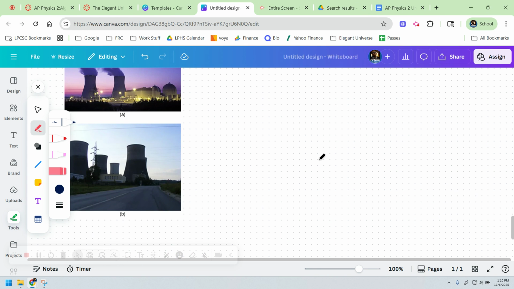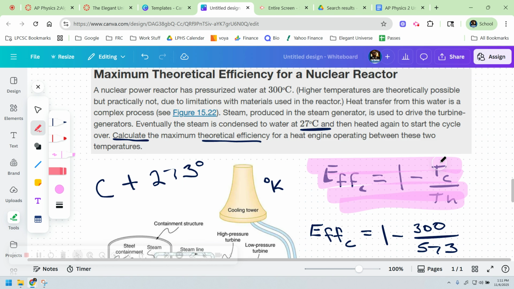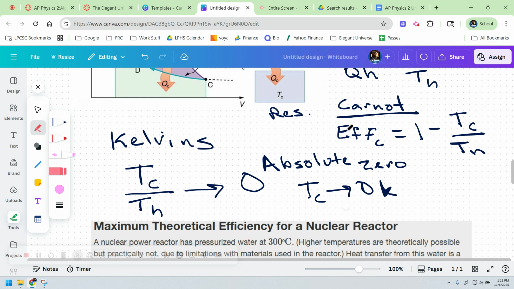And that's basically it. The whole point of the homework really is just this part right here. So this is the main point of the homework, is that you don't need to calculate the individual temperatures in a Carnot engine. Well, it's 2 points. A Carnot engine, we can use the cold reservoir temperature over the hot reservoir temperature, and then also to get the most efficiency, you want that cold reservoir as close to 0 Kelvin or absolute zero, but we can't do that.